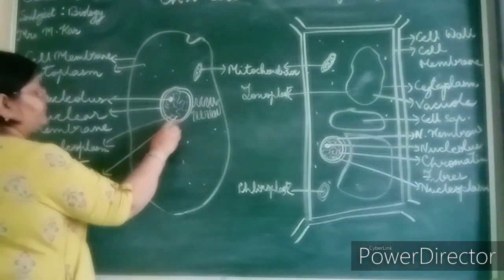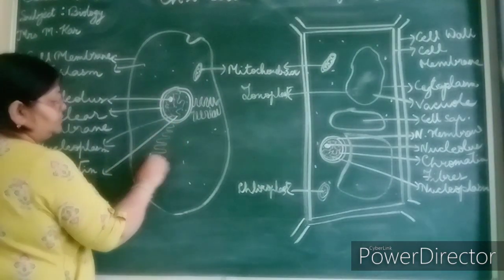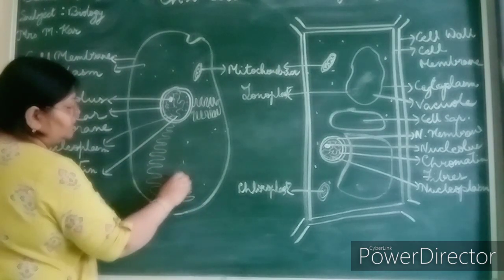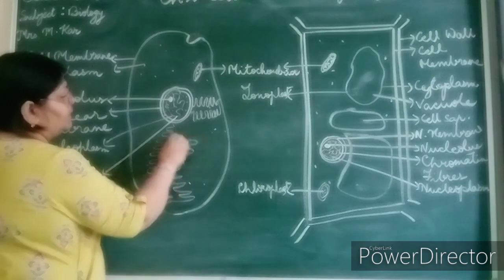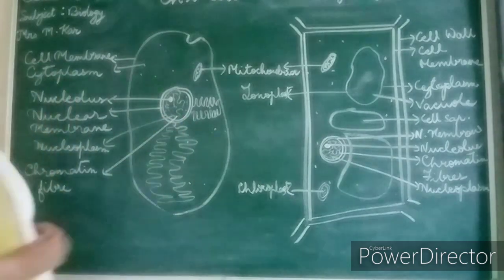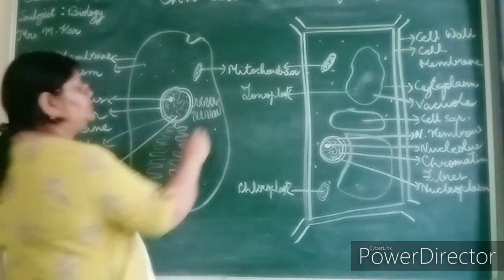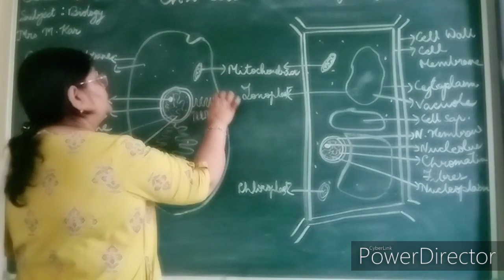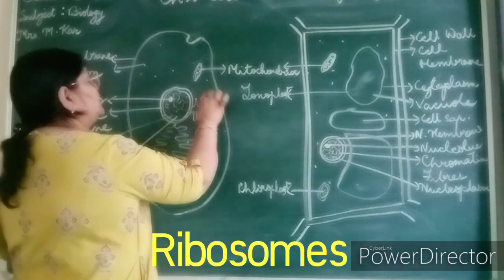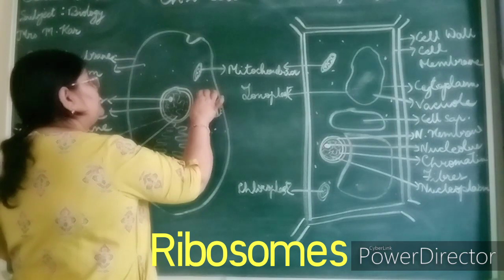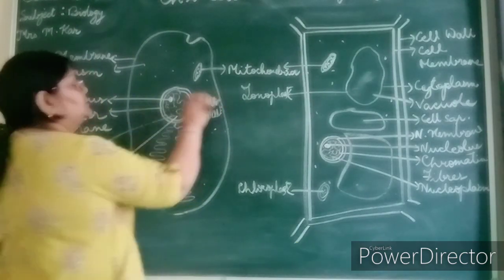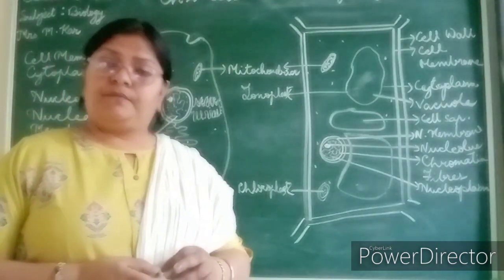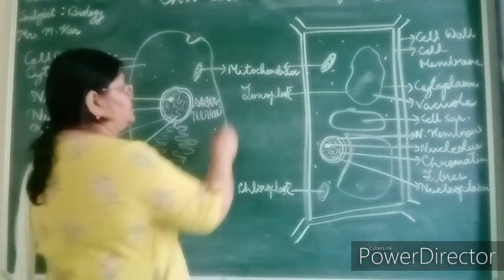So it is right up to the cell membrane. These are tubular structures which help in transportation of any substance. Now when these tubular structures have ribosomes attached on them, and ribosomes help in protein synthesis, then they are called rough endoplasmic reticulum.